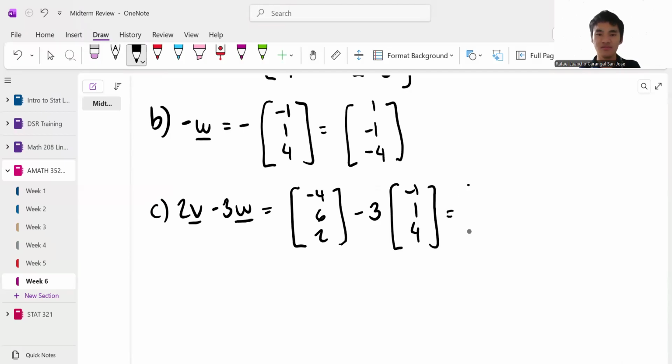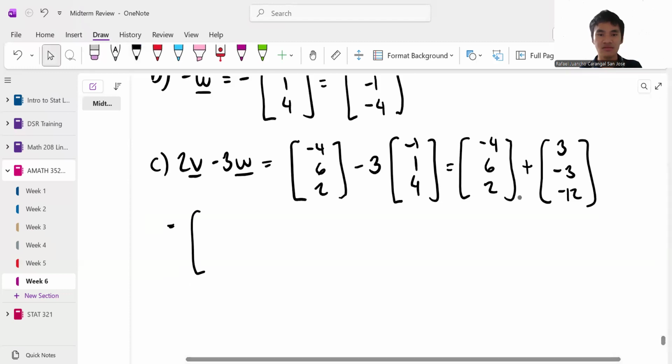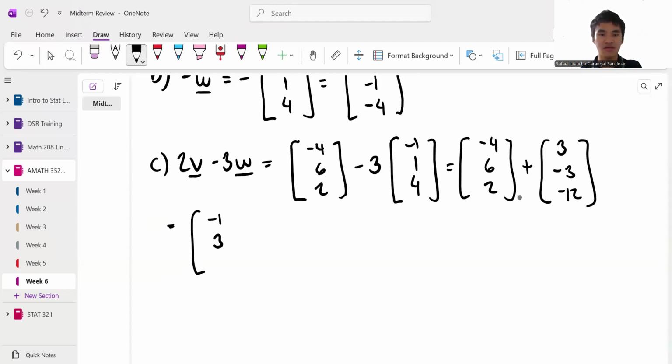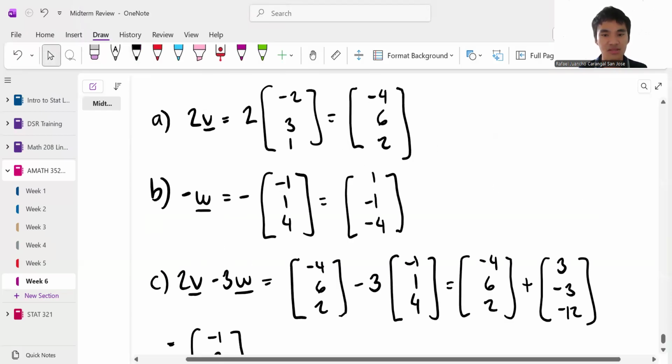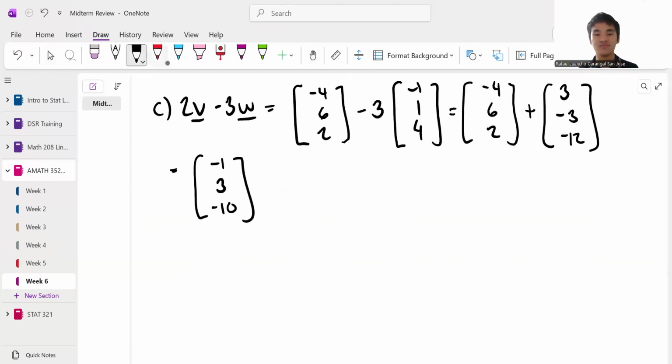If I keep going, I'm just going to add it. So this becomes +3, -3, -12. And I think I would get -1, 3, -10. Okay, let me check if my answers are correct, because of course, we have to check, right? Okay, A is correct, B is correct, I think, and C is correct. Okay, nice. Yeah, so that's the idea of number one, right? We're just applying scalar multiplication and vector addition.